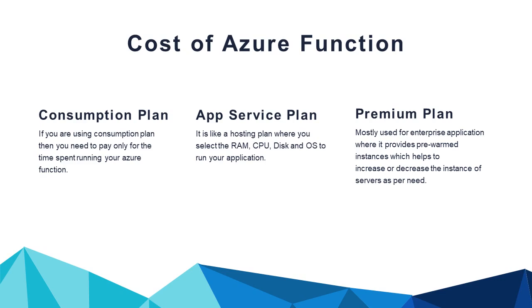It is like a hosting plan where you select the RAM, CPU, disk and OS to run your application. Third, the premium plan. Mostly used for enterprise applications, it provides pre-warmed instances which help to increase or decrease the instances of servers as per need.